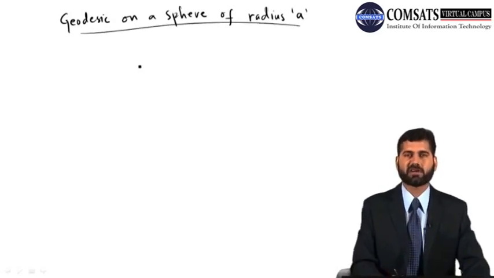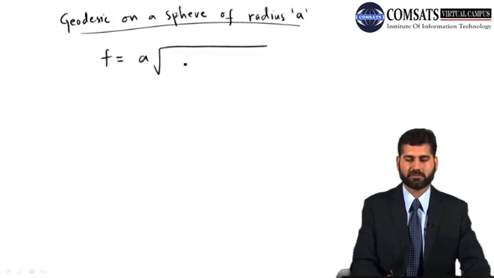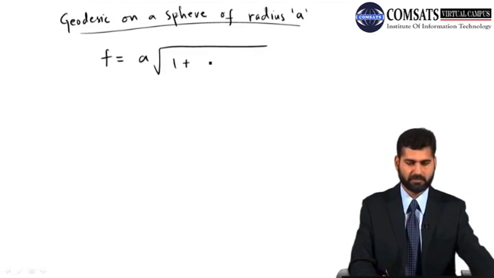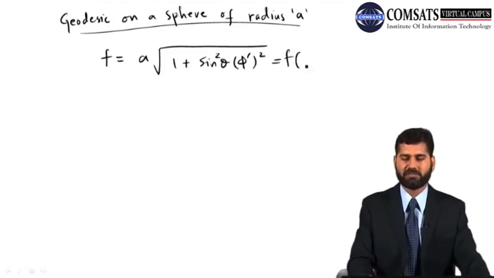So, the calculation details for the geodesic example on a sphere of radius a. Your f was a times the square root of 1 plus sine square theta phi bar square. Let me write it in this form. So this is a function of theta, phi and phi bar.